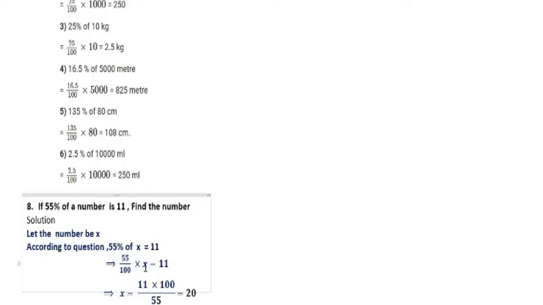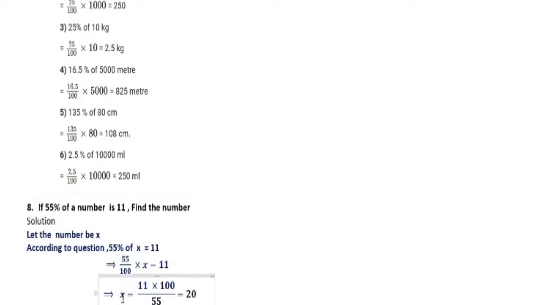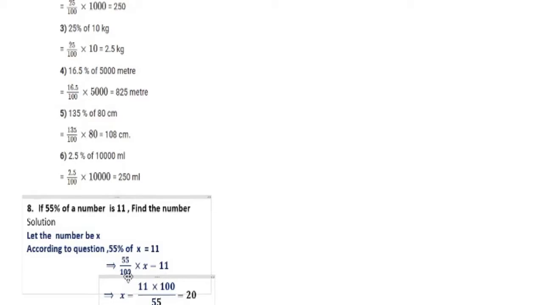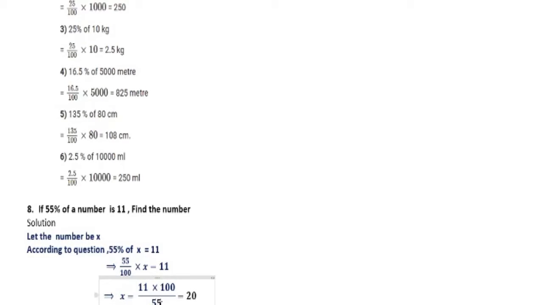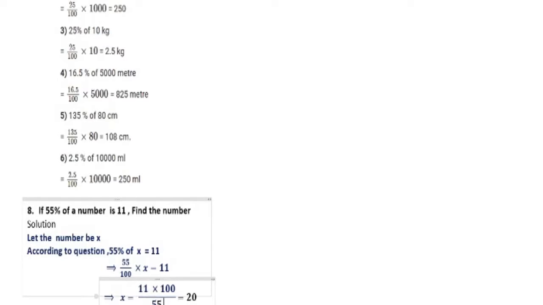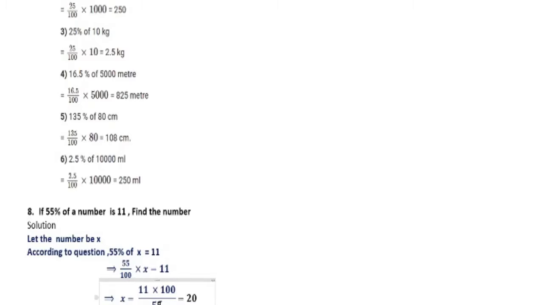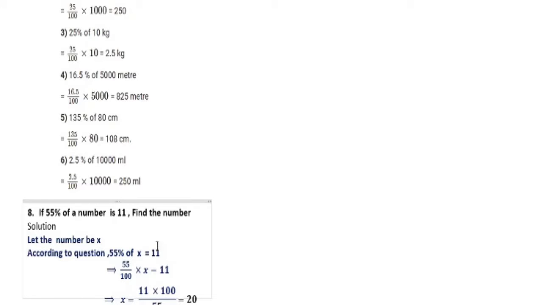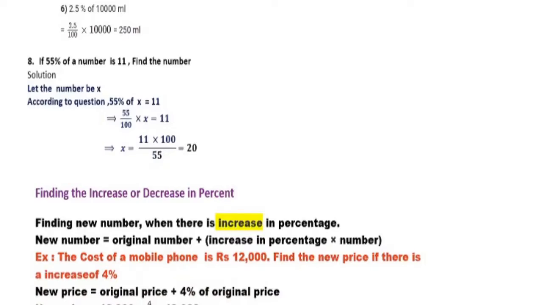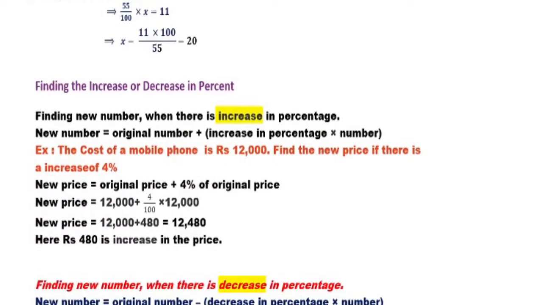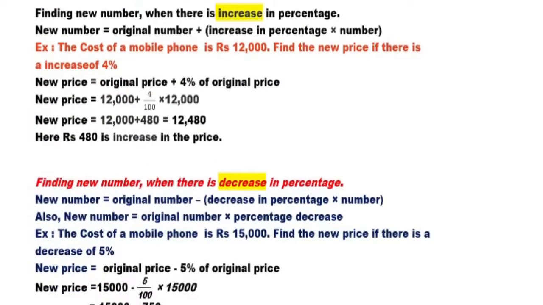Now cross multiply it, so we will get x equal to 11 into 100 divided by 55. Simplify it. You can cancel 11 and 55. 55 is 5 into 11. Then 5 and 100, you can cancel. You will get the answer 20. So in this question we are using percentage.